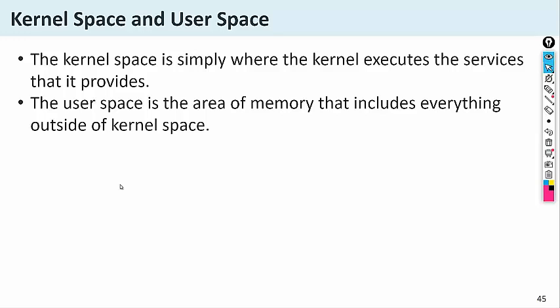The kernel has two separate parts, or two spaces. One is called kernel space, the particular space where the kernel executes the services that it provides. All the services are executed inside the kernel space.